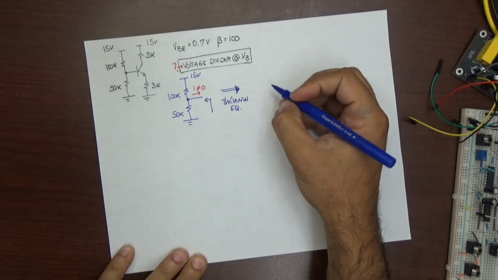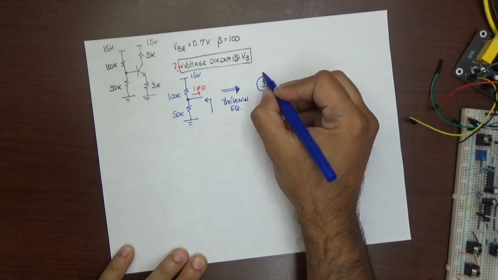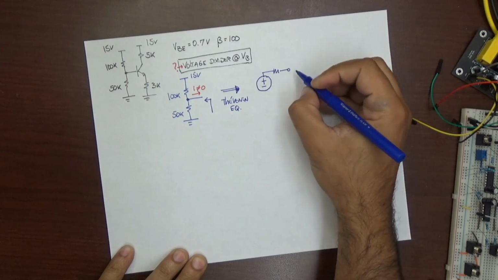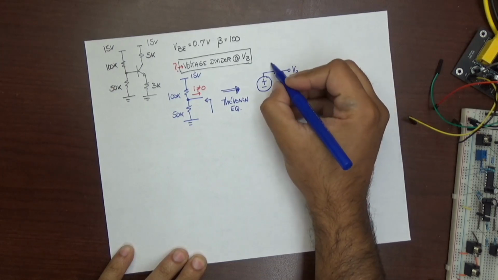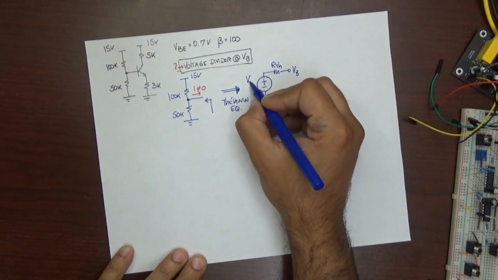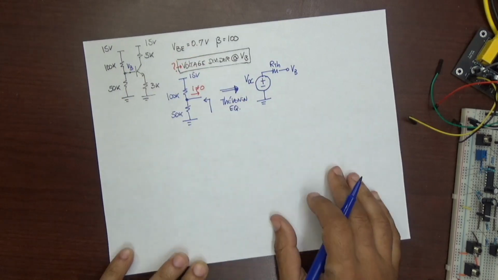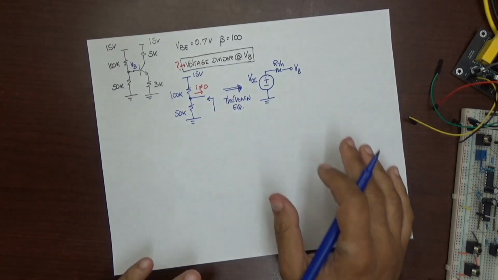So we want to find the Thevenin equivalent seen from that point, meaning I'm going to find the Thevenin resistance and the open circuit voltage of my circuit. All right, cool.